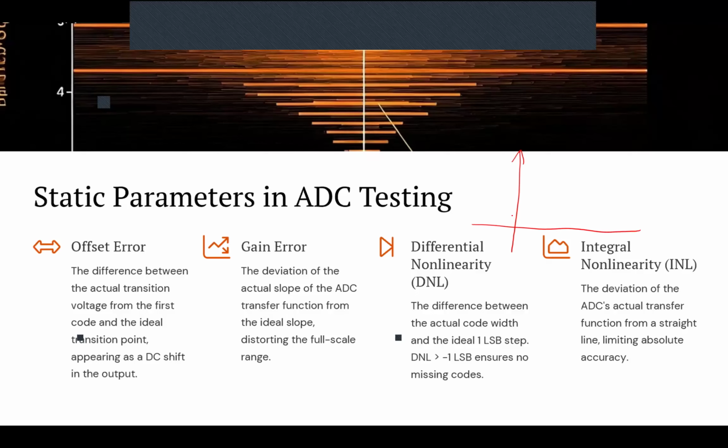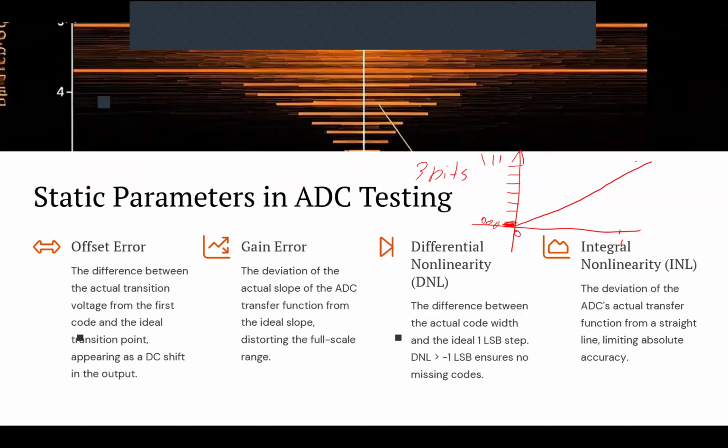For example, we have a 3-bit system, so we have 8 levels from 0, 0, 0 to 1, 1, 1. Let's say we have a voltage variation from 0 to 1. The ideal case is a line that converts this analog signal to these digital codes.